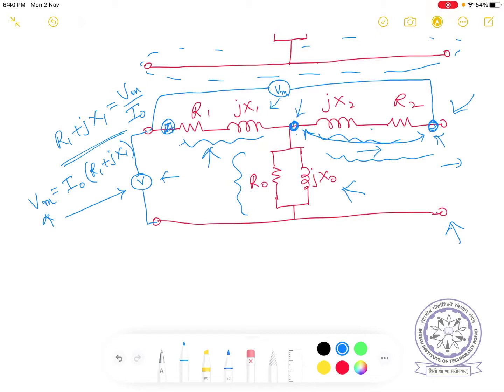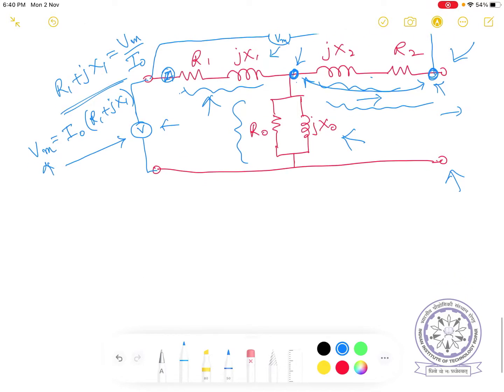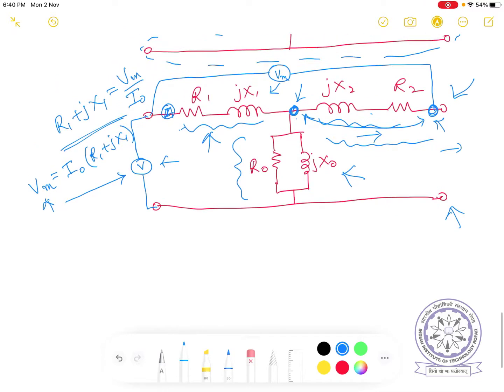Right? This happens only when you have some additional equipment. For example, here this terminal is not directly accessible. You will have some ideal transformer as already told to you, and then these two terminals are accessible.